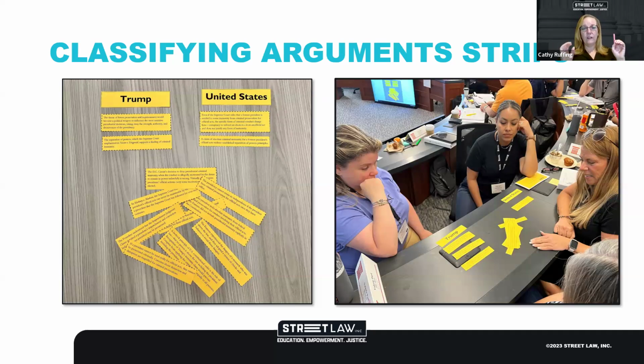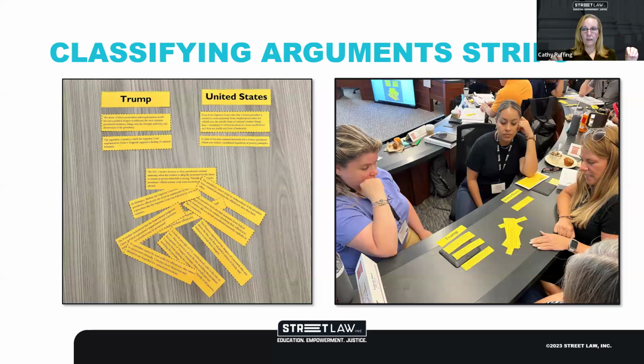And for the groups that finish early, or if you want to give them a little more time, they can put them in order from what they think are the most compelling arguments at the top to the least compelling arguments. And that helps them to think about, these are the things I think are most persuasive. They can also look at most of these arguments have a point and counterpoint, like you heard Gregg and Kim talk about separation of powers.